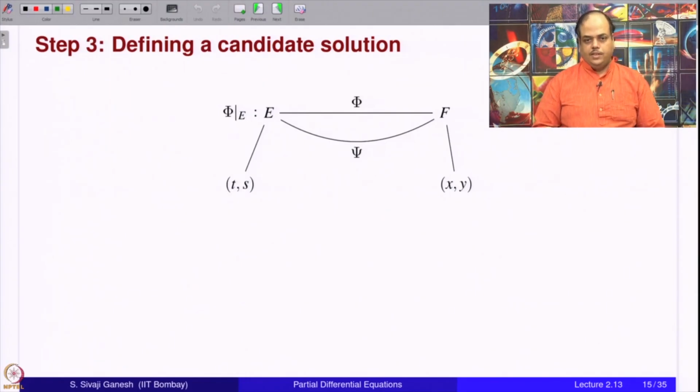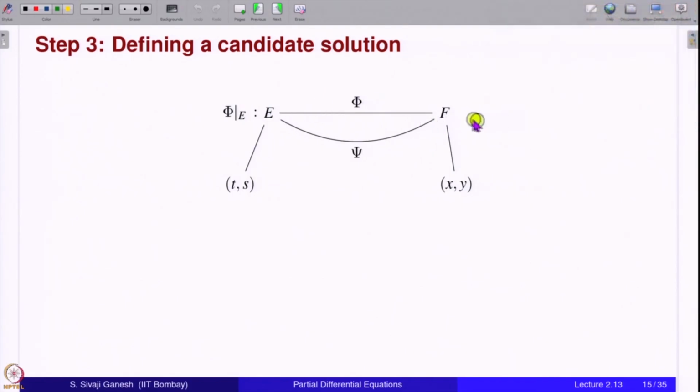This is a picture which depicts this. So, this is the phi map we have. The inverse function theorem told that there are neighborhoods E and F and a map psi is defined. This is where we are using t, s coordinates, here we are using xy notation. Phi restricted to E is a diffeomorphism and so on.